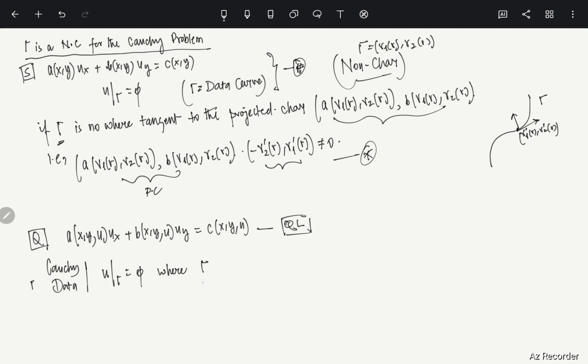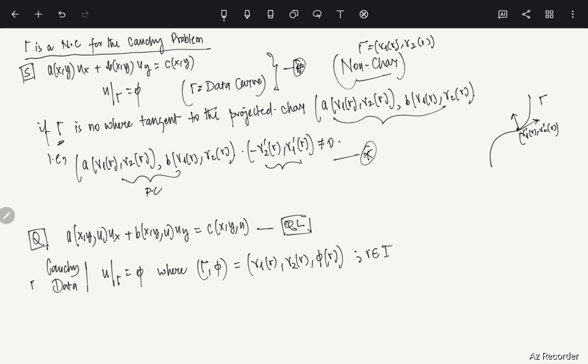Gamma is given as gamma 1 of r, gamma 2 of r, and phi of r. So phi of gamma 1 and gamma 2, basically, but let's just stick with phi of r for now. This r is in some interval I in R.